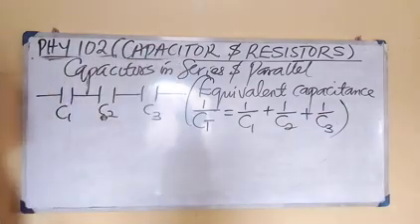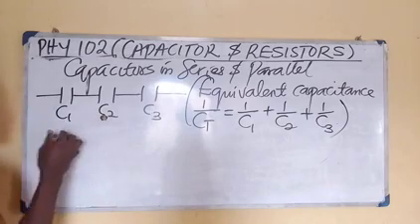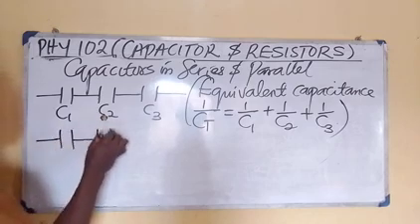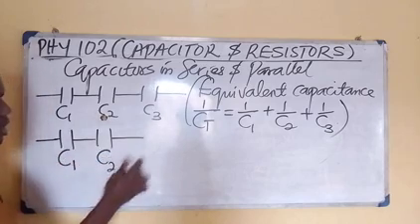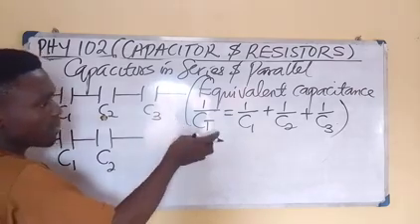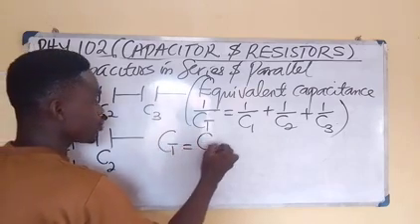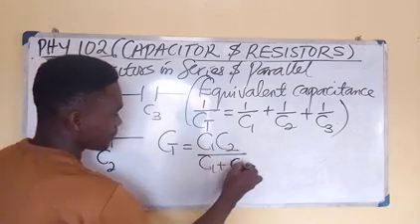And you should also note that when you have only 2 capacitors, the equivalent or total capacitance is equal to their product divided by their sum.